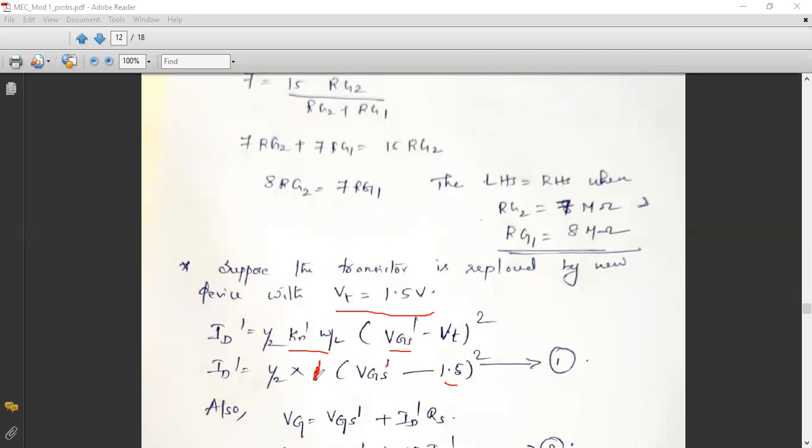You are using a new device whose Kn dash W by L is 1 milliampere per volt square itself. The only change is VT has changed. Since VT has changed, I would like to indicate the current with the new value and VGS with the new value. That is why I have specified ID dash and VGS dash. Is that clear for you?